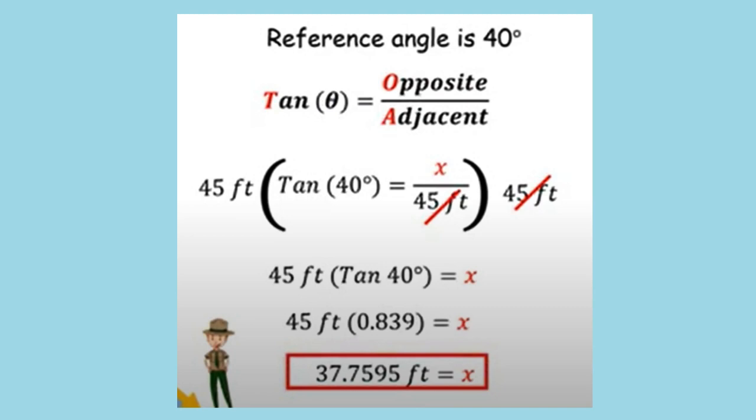So 45 feet multiplied by tangent 40 degrees will be our opposite side. Tangent 40 degrees is 0.839, multiplied by 45 feet. So our x is 37.7595 feet. That will be our base.